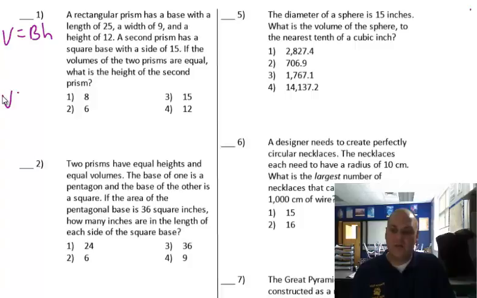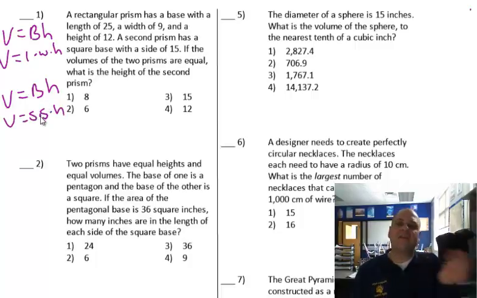So again, volume equals base area times the height for prisms. When it's a rectangle, it's length times width times height. And for a square, it's just side times side times height, because it's still length times width, but the length and the width are equal. So you could just call it length times width again.